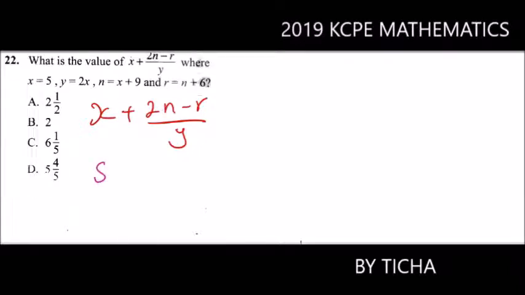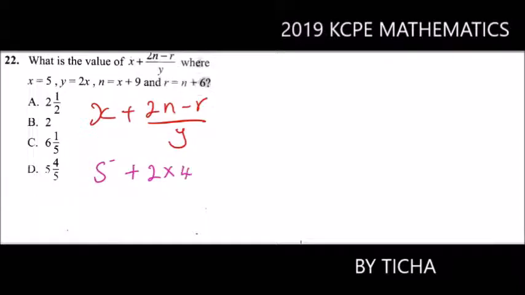Our x is 5. Then we have plus 2 times n, and our n is x plus 9. But our x is 5, so that means 5 plus 9, you get 14.